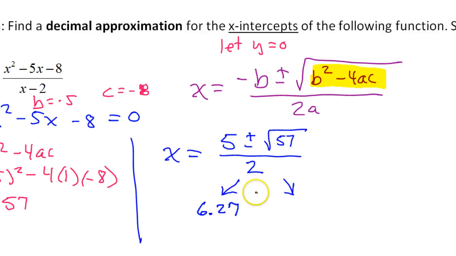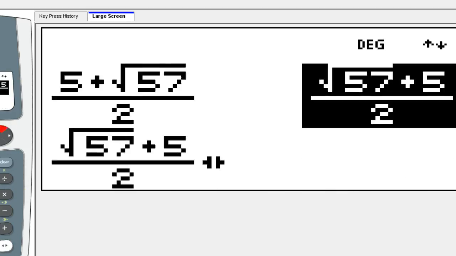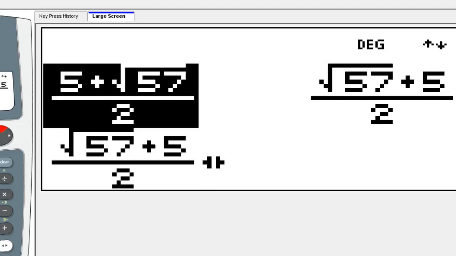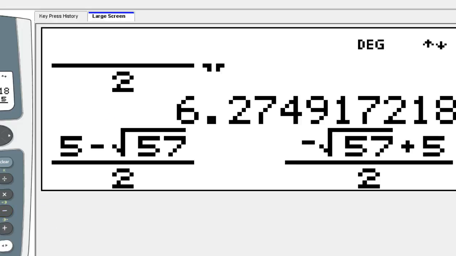Now I'm going to type it in again with a negative instead of a positive. I don't really have to type the whole thing in again. If I want to take it easy on myself, I can go back to the first time I typed it in and hit enter, then arrow my way over, change this to a negative, and hit enter.